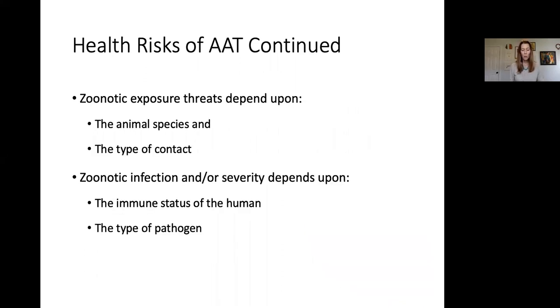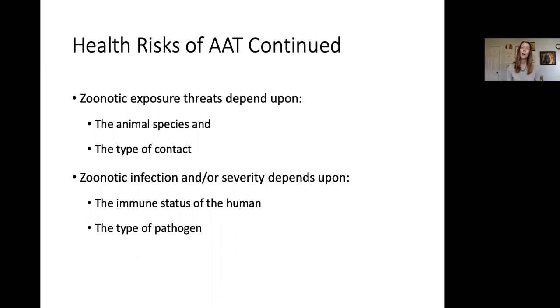So zoonotic disease exposure, what we're really wanting to consider is what type of animal species we may be having contact with. So what animals are going to be utilized within the animal-assisted therapy program at your facility, or maybe ones that your patients are going to be having contact with. And then we want to think about what type of contact the patient is having.